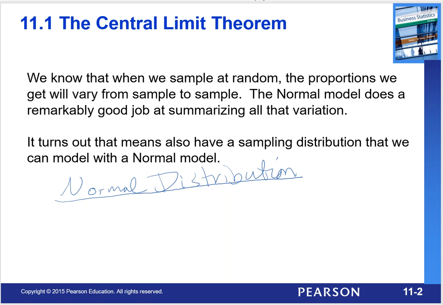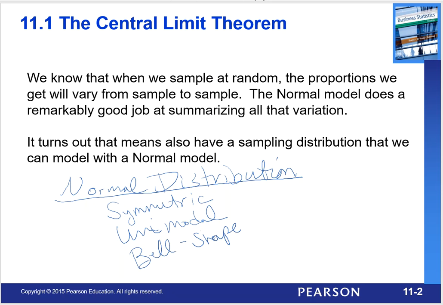We know that it is, well, symmetric. Unimodal, so it just has one peak. And last but not leastly, it has this distinctive bell shape. We're going to be looking for all of that in the following leading example that I'm going to talk about.